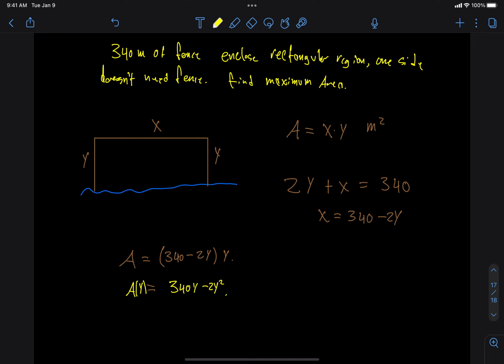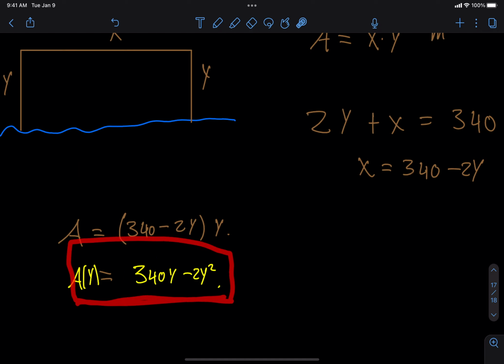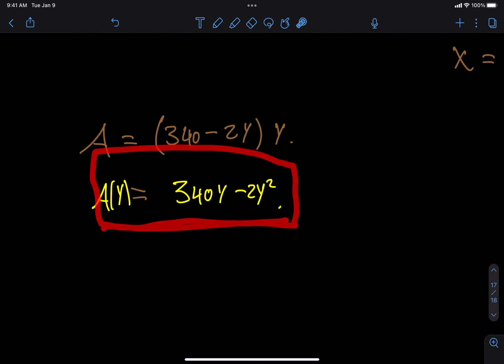And I'm in luck, because what kind of function is this? About a square. So functions with variables being squared.